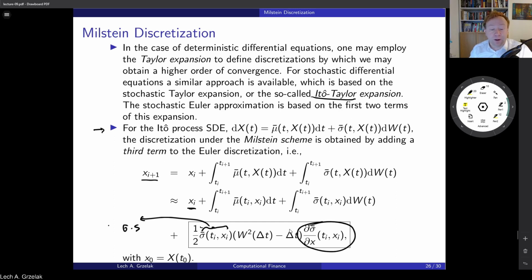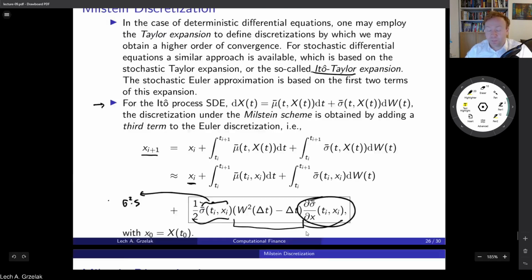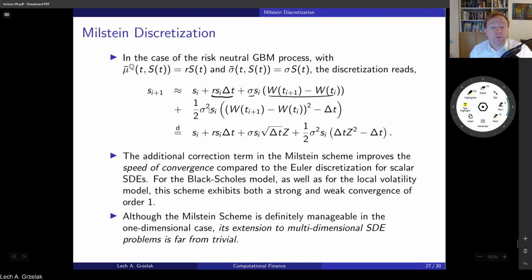That means that the volatility term times this derivative will be sigma squared S. And then we have one more term left, which is here. So you see we have a half of sigma squared S, and then we have terms only dependent on dt, and we have a square of Brownian motion.